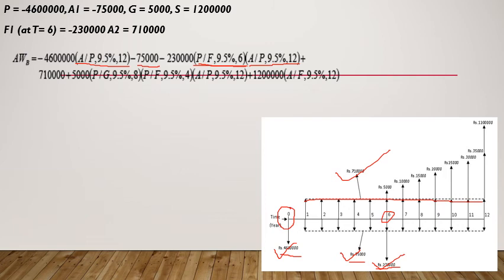Earlier G started from year 2, so I could convert that straight away into its A, because the first payment was on year 1. But here the difference is it starts from year 6 onwards. Whenever G starts in between, and not from year 2, then you cannot convert that into A straight away.